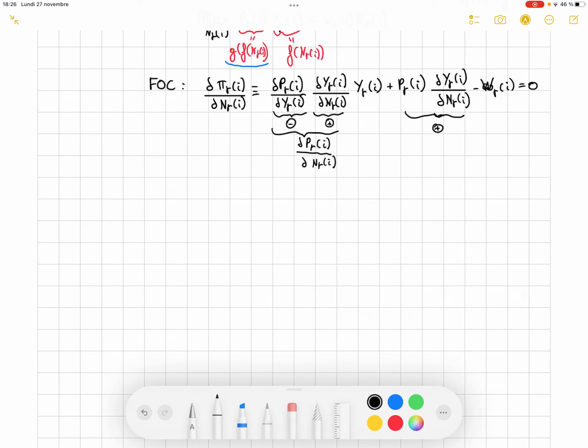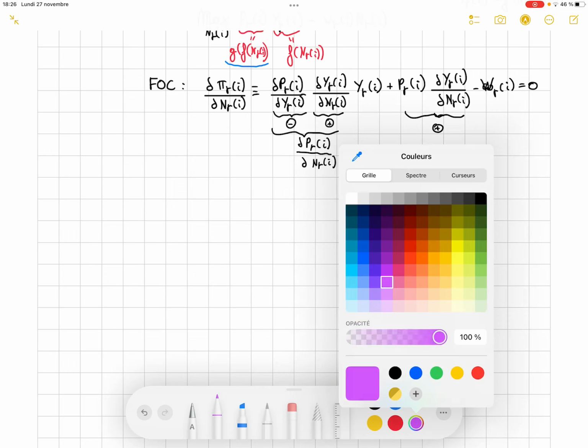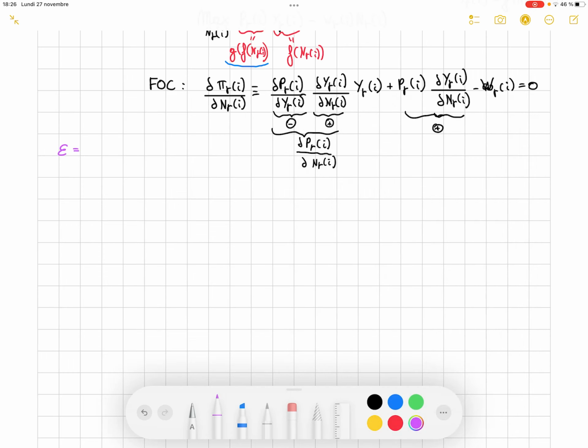Yes, we can rearrange a bit, knowing that this eta, being the elasticity of substitution between the varieties, is basically minus the change in the demand of the variety i with respect to its price, multiplied by its price divided by the demand.